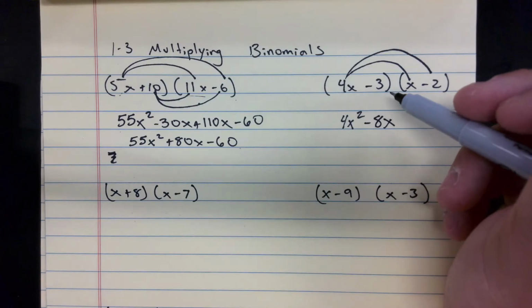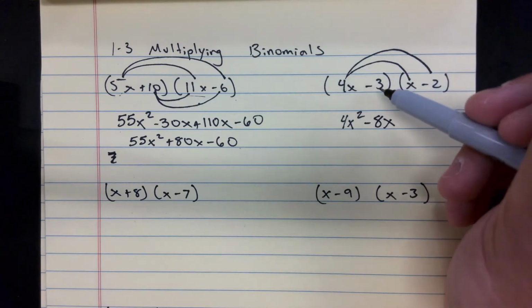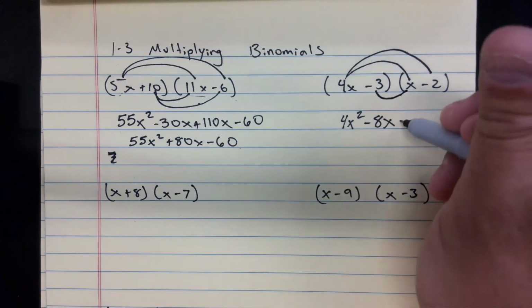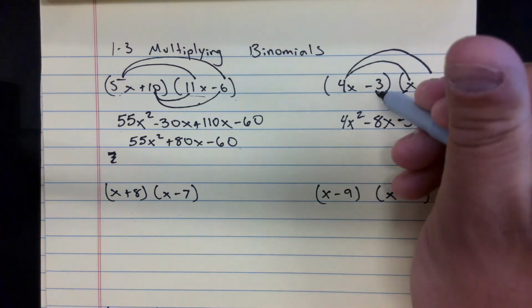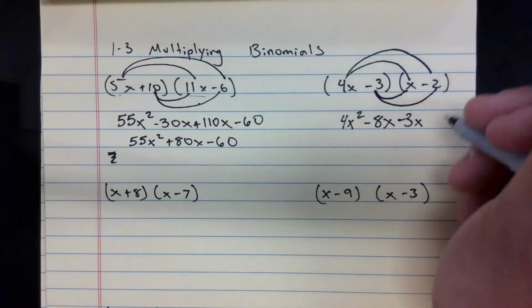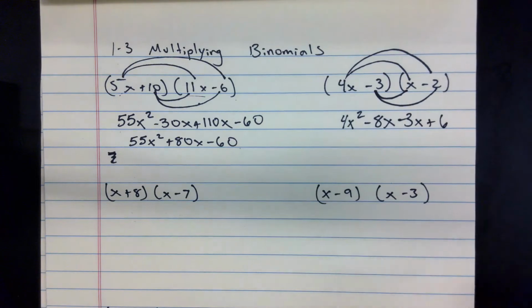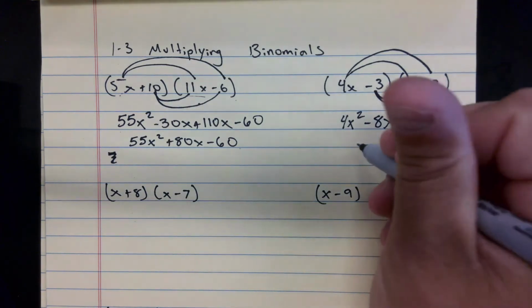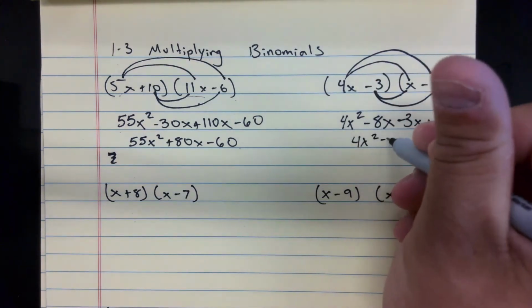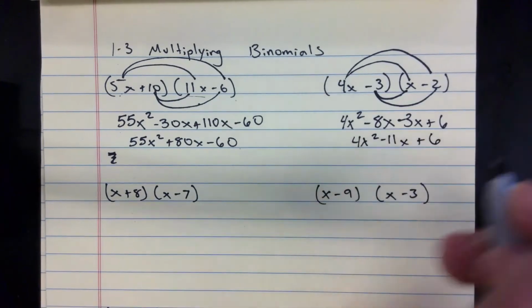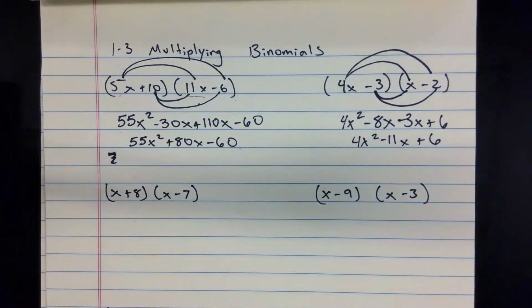If you have any questions while I'm doing this, stop me. Negative 3 times x, which is negative 3x. And negative 3 times the negative 2, which is positive 6. You should always get 4 terms after you multiply them. And then we combine together the like terms. So 4x squared minus 11x plus 6.